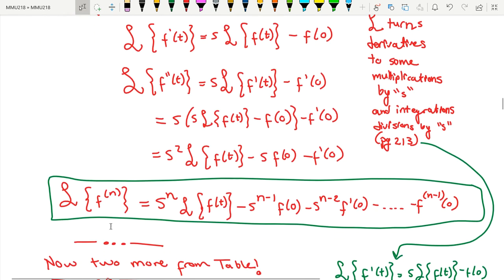And if you really go to the nth derivative, that will be equivalent to s to the n Laplace of f of t minus s to the n minus 1 f of 0, and so on. So a bunch of initial conditions embedded here, s multiplication and the Laplace.